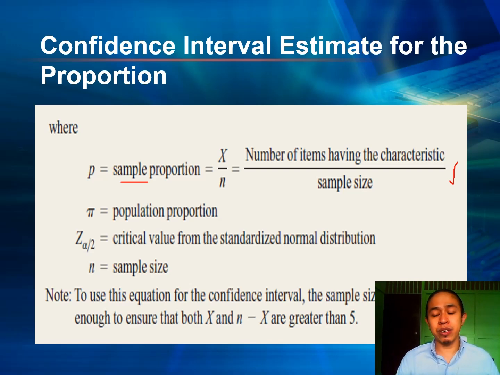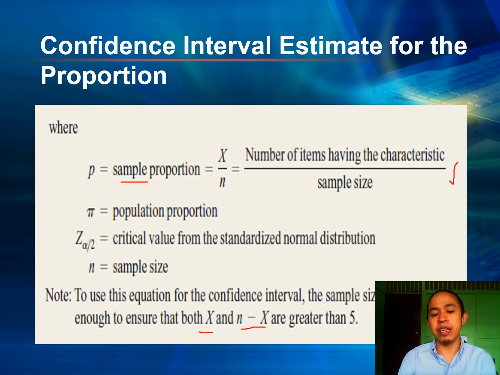And you have to remember this guideline before we can proceed: to use this equation for the confidence interval, the sample size n must be large enough to ensure that x and n minus x are greater than 5.